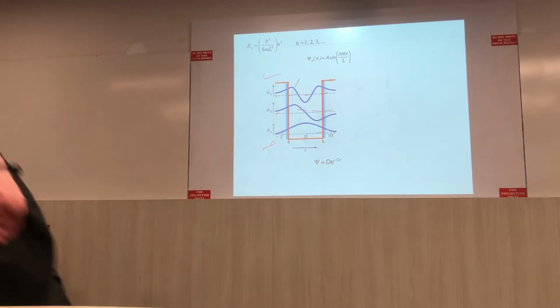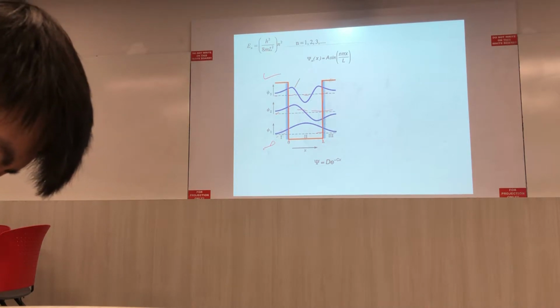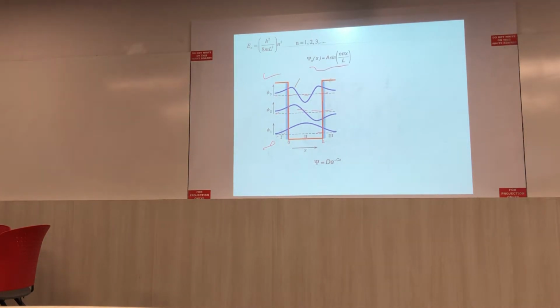So the wave function inside this box is given as this sine function, and we already learned about this last week. So if you have a good eye, you may notice some difference between this diagram and the previous diagram.